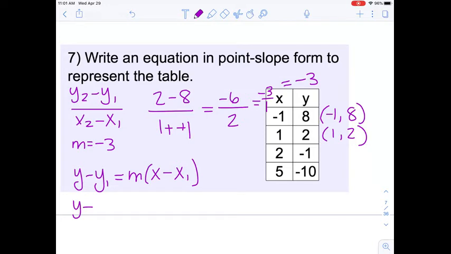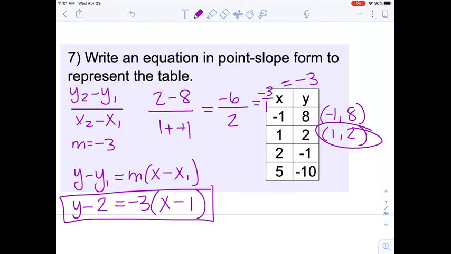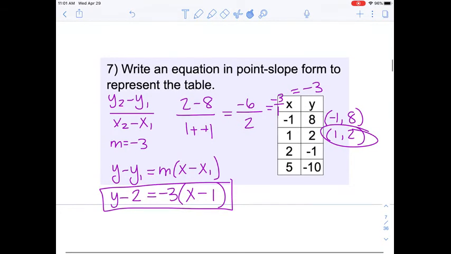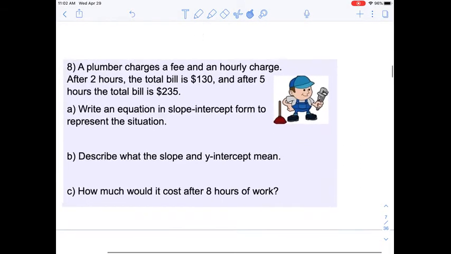So y minus, and I can choose any one of these points. So y1, let's just go with, we'll do 2, 1. So we'll do 2 equals, our slope is -3 times x minus, and then that x value is 1. And there is my equation written in point-slope form.